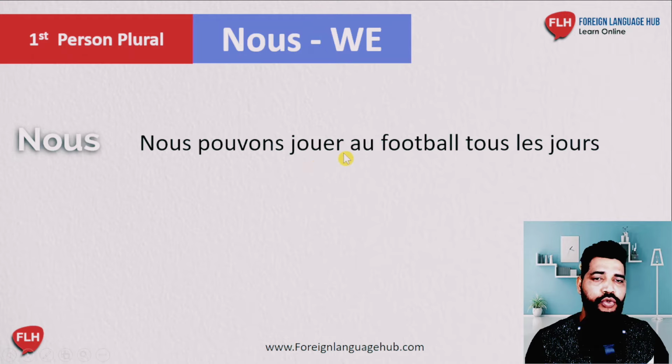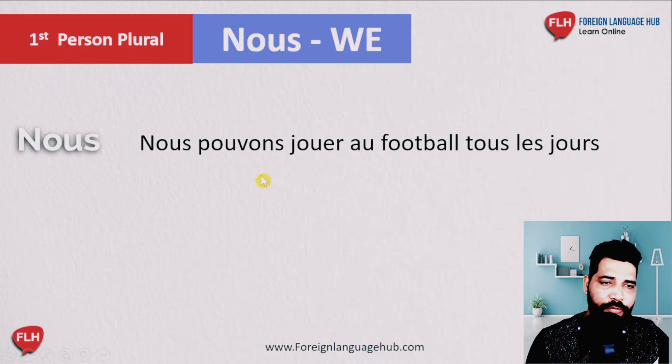Jouer au football, jouer au tennis means play any game. This is additional information, right? To play any game, you will put au before that particular game. Nous pouvons jouer au football tous les jours. We can play football every day.